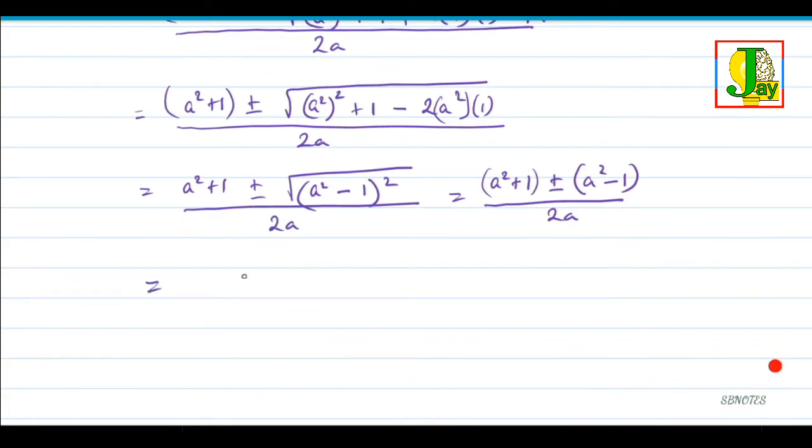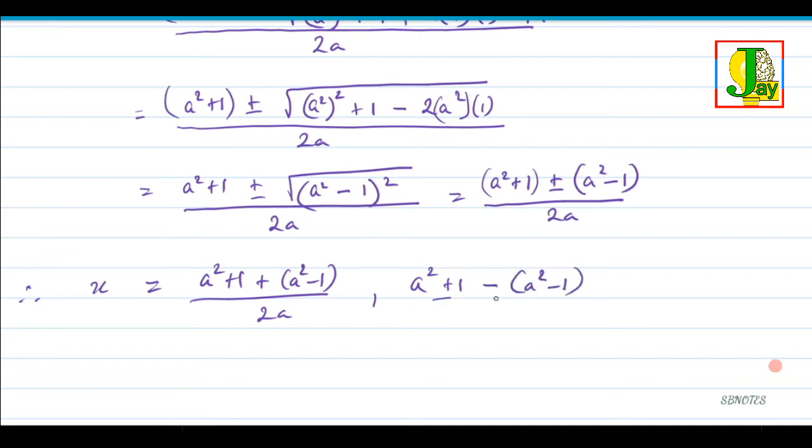So you get two different values. Once we are taking plus, therefore x equals to a square plus 1 plus a square minus 1, whole thing by 2a, and the other time we're taking the minus sign, a square plus 1 minus a square minus 1 whole thing by 2a.